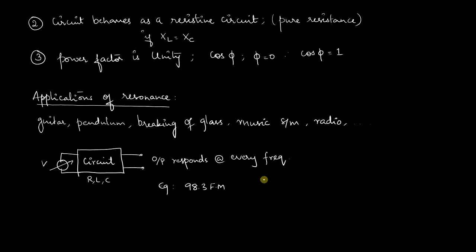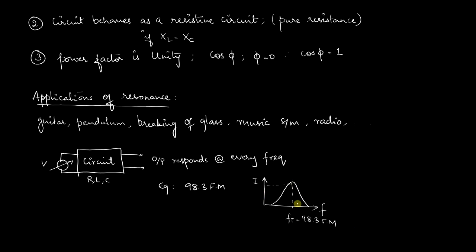So I can say, if I plot this in terms of a response, if this is a graph of frequency versus the current, then at the frequency ft equal to 98.3, the current is maximum, and I am able to hear this particular frequency signal. But as I said, before 98.3 and after 98.3 you can also hear some interference.